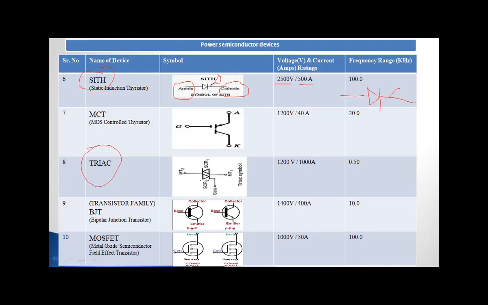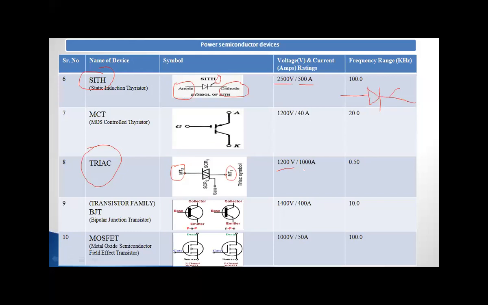That is called a triac. The terminals of the triac are main terminal 2, main terminal 1, and gate. Clear? Next, what are the voltage and current ratings?